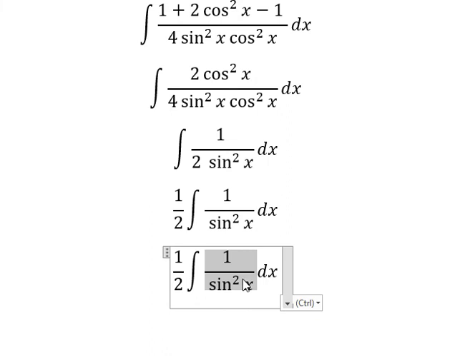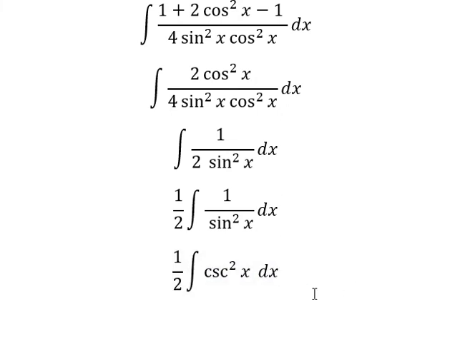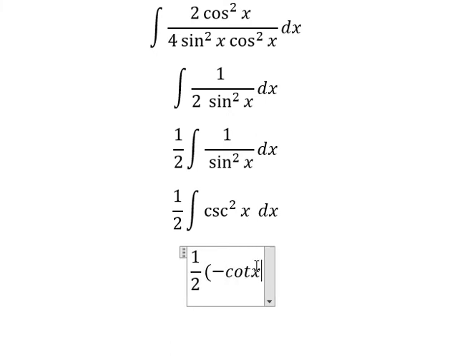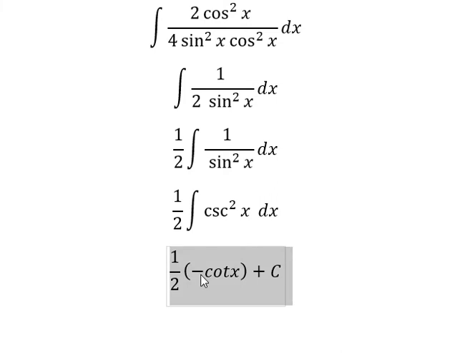And this one we change to cosecant of x squared. The integration of this one, we have negative cotangent x and we put plus c. And this is the final answer.